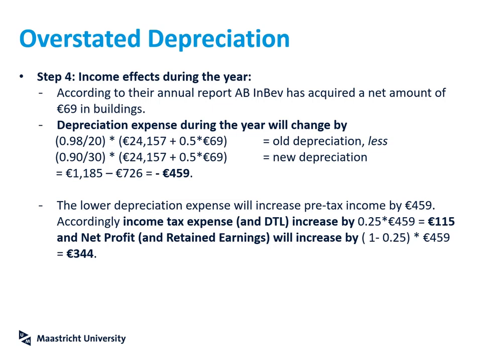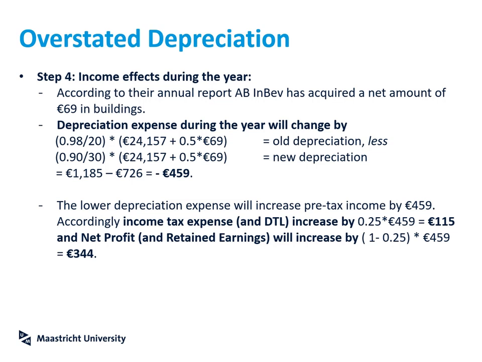Which will lead to the following adjustments. One being an increase in our income tax expense and by extension a DTL on the balance sheet by 25% of this. So we have 459 higher pre-tax income. This will increase our tax expense by 25% of this. And this will by extension then increase the DTL on our balance sheet by the same amount, namely 115.